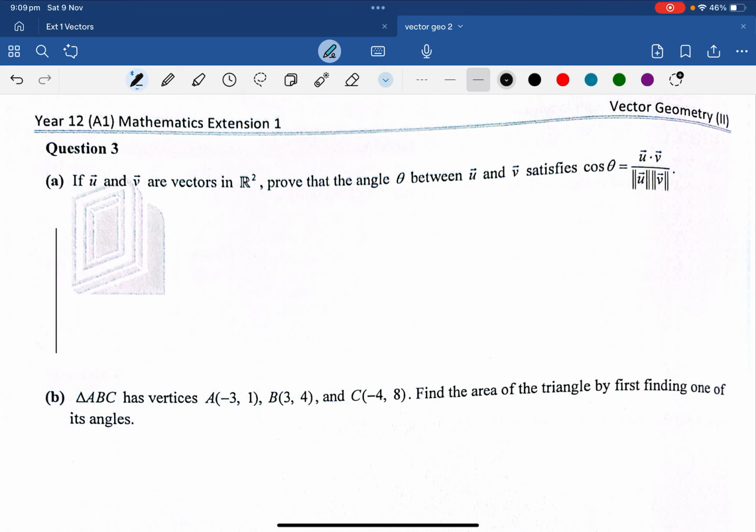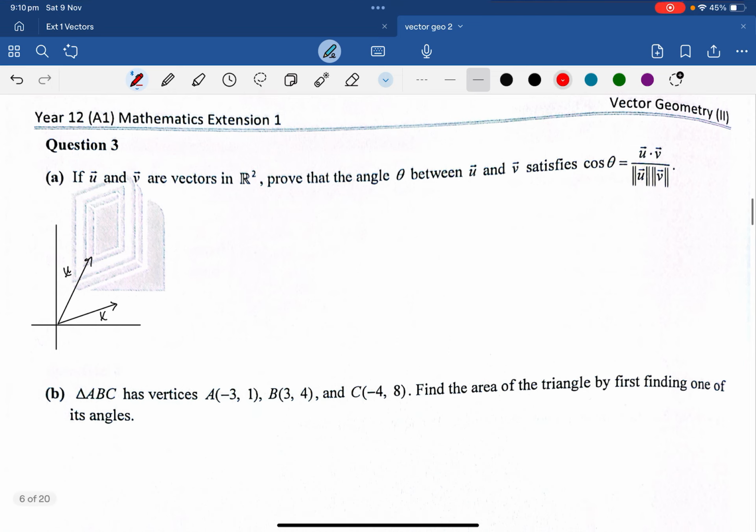Let's just go ahead and do the usual vector diagram. So you just want to draw two vectors, right? Label one vector u and one vector v. Easy.